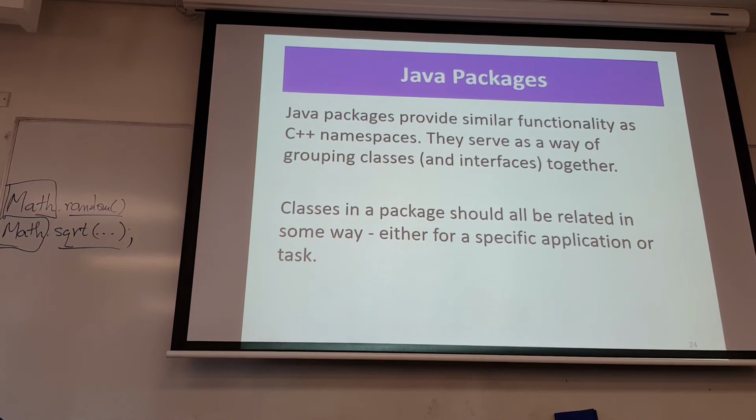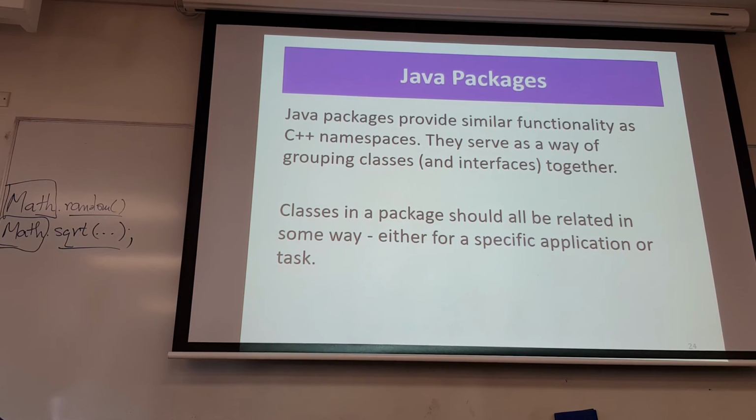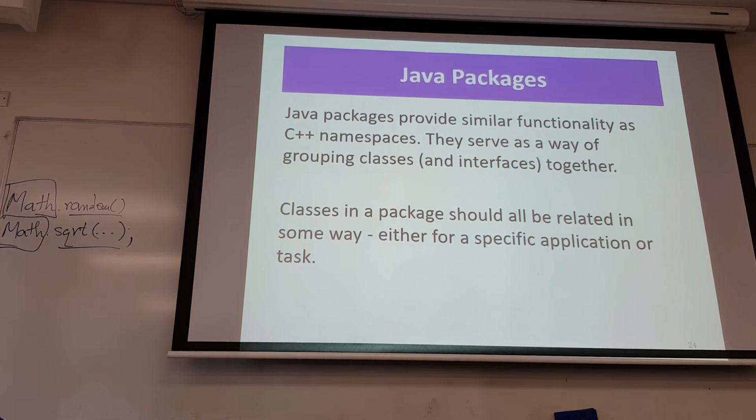And the last issue is packages. It's a mechanism similar to namespaces, but with a different syntax and a different concept behind it. In Java, in order to avoid name clashes, they introduced grouping classes based on directories.